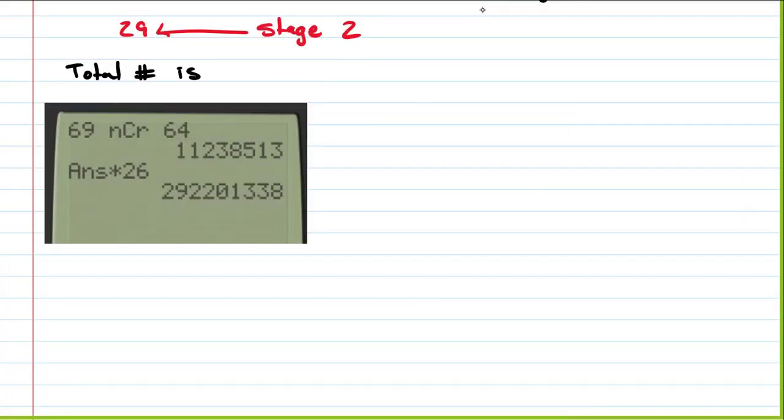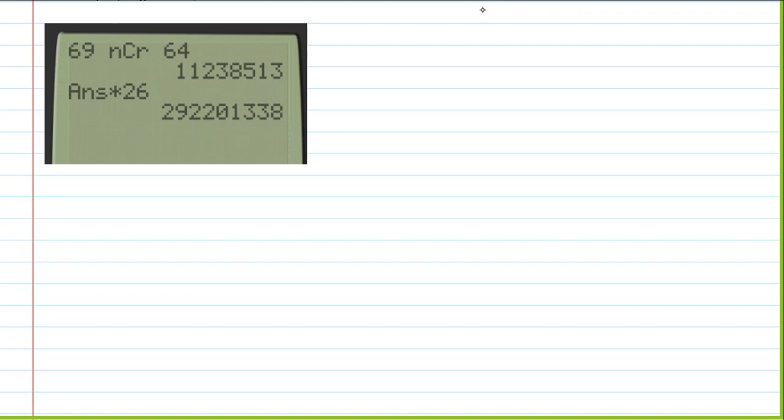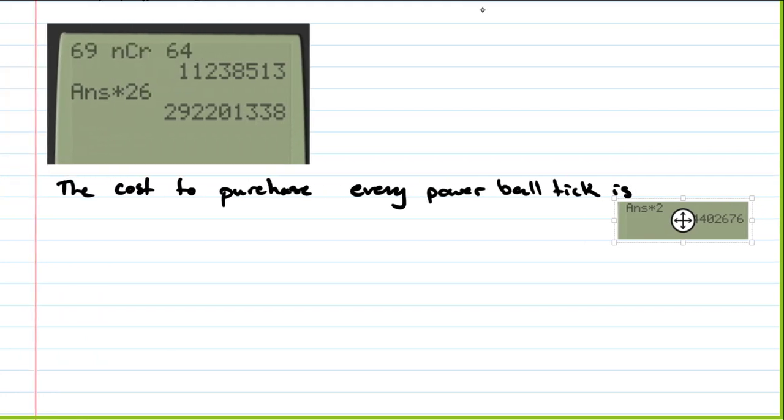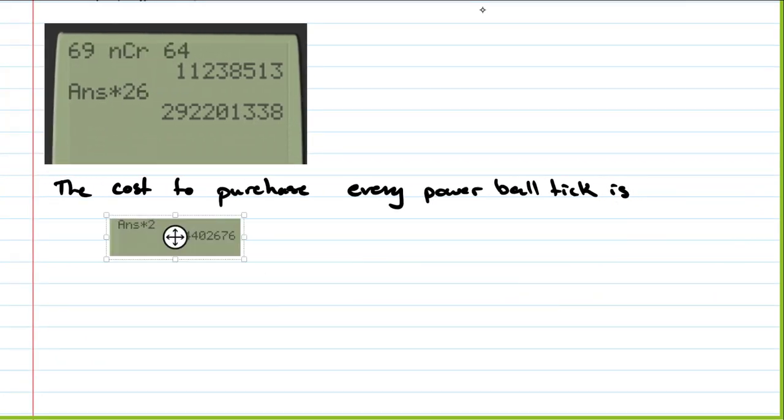It's a lot smaller than it was. So the cost to purchase every Powerball ticket is this number, and let's add some commas to help us see what it is.